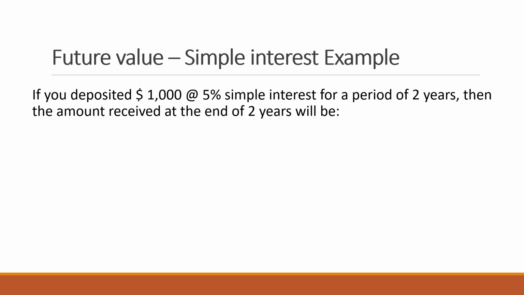So just pay attention. The question says that if you deposited $1,000 at 5% simple interest for a period of 2 years, what will be the amount received at the end of 2 years? That means, what will be the future value? Today if I deposit 1,000, what will be the value of 1,000 if I receive 5% simple interest for a period of 2 years?